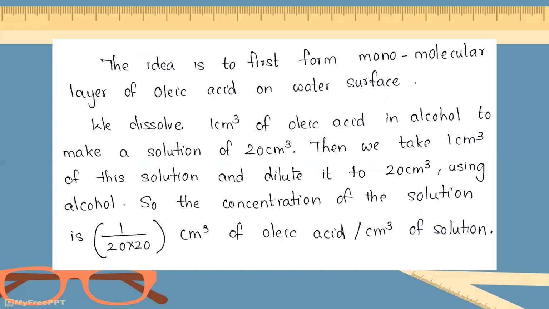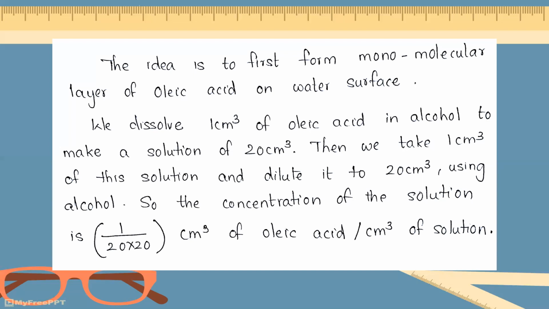See, for example, if you put some drops of oil on the surface of water, you can see oil drops on the surface of the water clearly. Similarly, if you put some drops of oleic acid on the water surface, we should see that the thickness of that oleic acid should be equal to the molecular size of the oleic acid.